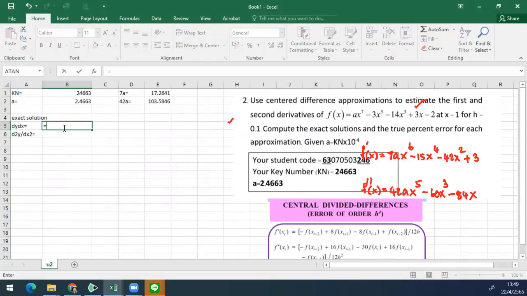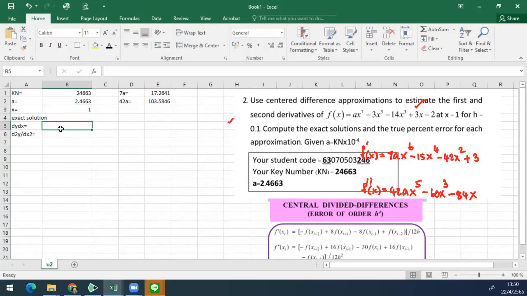It is equal to 7a. Sorry, we have to determine x. For this problem, x is equal to 1.